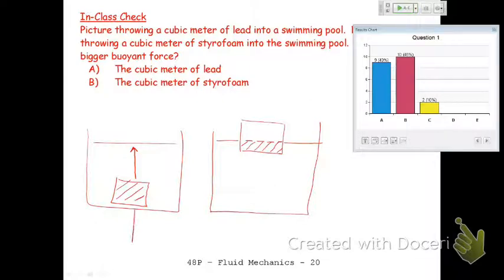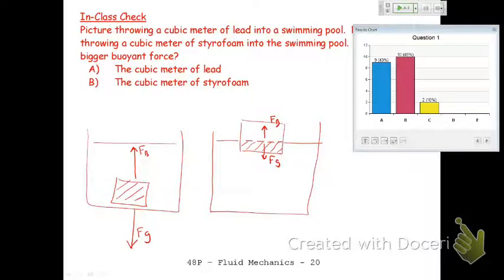And the problem with lead is it has a huge buoyant force, but it's got a huge weight. So this is Fg, and this is Fb. Whereas here, it's got a tiny weight, Fg. So all it needs is a little buoyant force, Fb. And how do you get a little buoyant force? You immerse less of yourself in the bath. You float, basically.